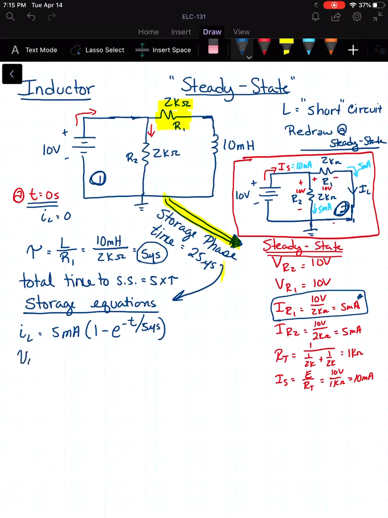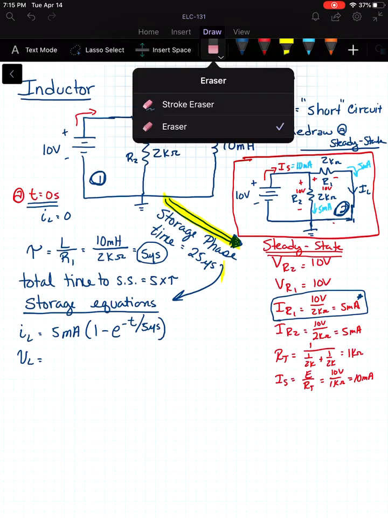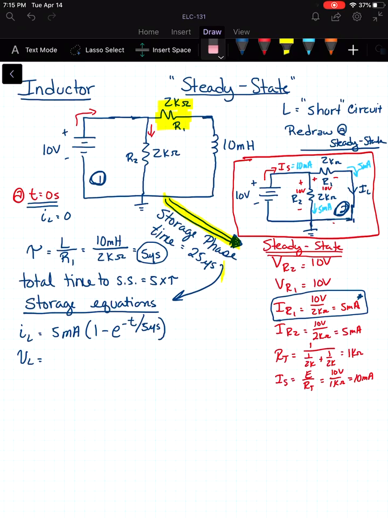The voltage drop across the inductor, well, let's think about this. If the inductor is not allowing any current to flow through it at the very onset, that means this is like an open circuit at first. And what would we expect to measure if that were an open circuit?